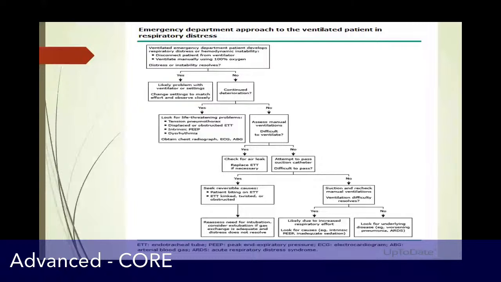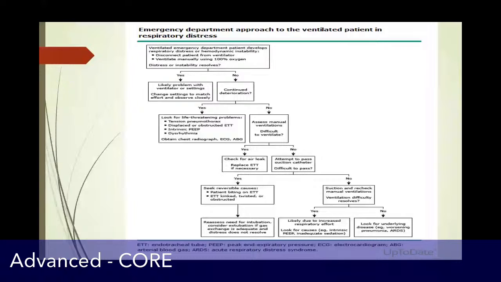That's the easiest thing to do to remove a lot of variables, and you can just ventilate the patient with a bag valve mask. If that improves their hemodynamics, if that improves their respiratory distress, then the problem's with the ventilator most likely, and you're going to want to adjust those settings. If they don't get better, then you have to look at other possible causes.